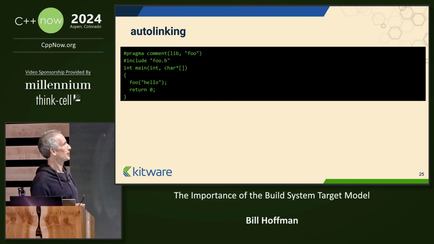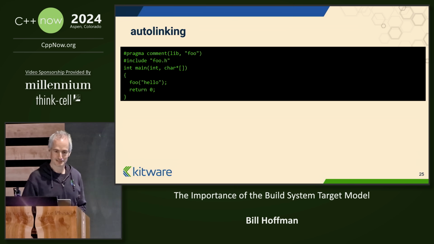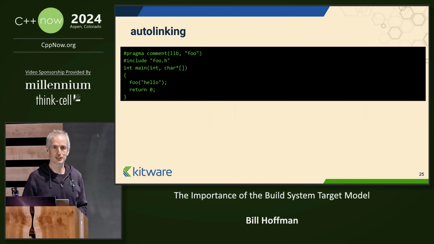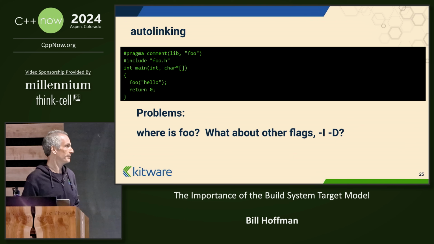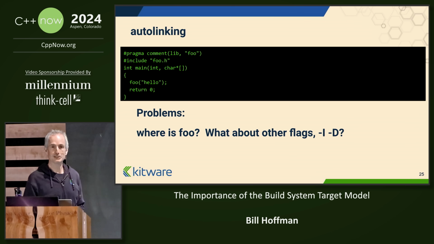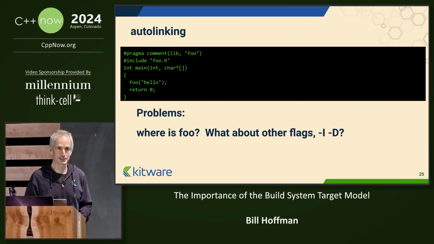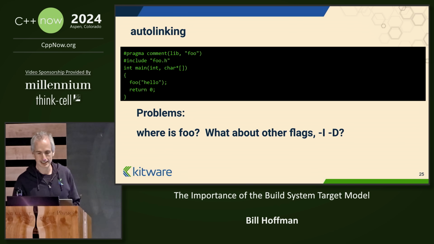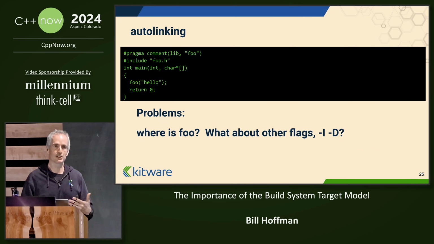But someone put a pragma comment lib foo inside of the source code, and this told the compiler, all right, well, hey, when I get to linking, I'm going to link this foo thing in there. So the problem is, where is foo? Right? If I get around to link time, foo might not even be around. What about the other flags that I've been talking about? You're seeing a running theme here, that you need these flags in order to use something.